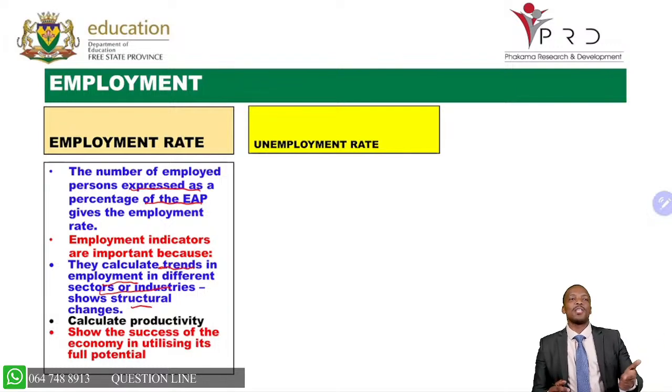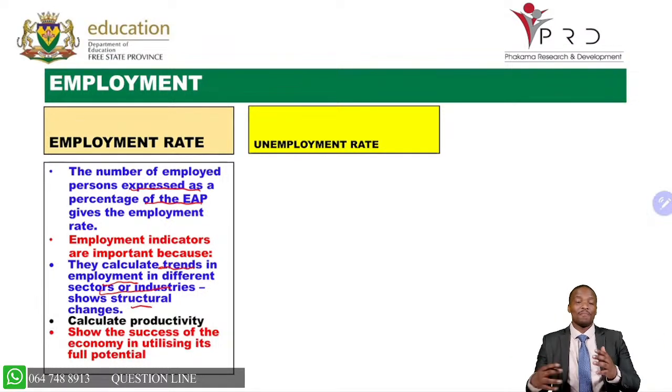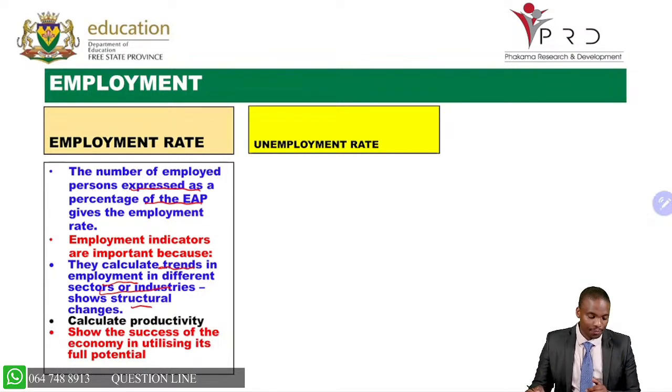Then August, September, October. So it means around November, when you are writing the final examination, just be on the lookout to check whether employment has increased or unemployment has increased. It's issued per quarter. Okay.